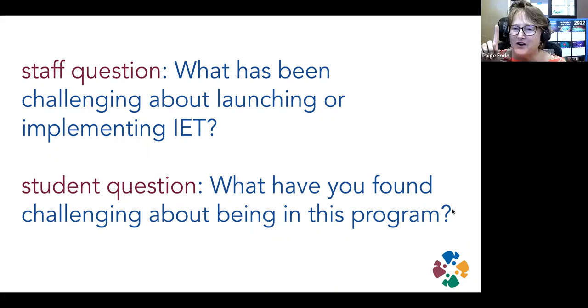Sorry, I just wanted to say that although we haven't been running it lately at our school, we did have an internal transitions team. But we have another IET program, an early childhood education one that starts at the adult school and goes to the community college.